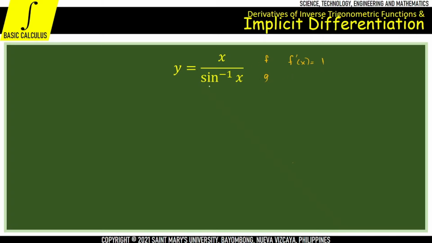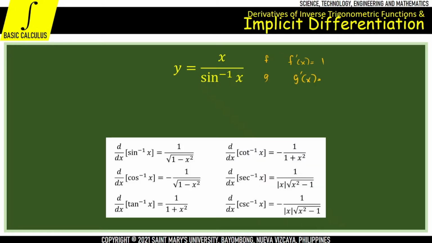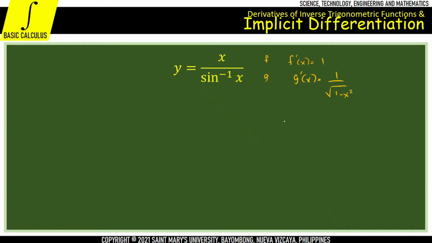Next, if g is equal to inverse sine of x, therefore g prime of x is now equal to the derivative of inverse sine, 1 all over the square root of 1 minus x squared.